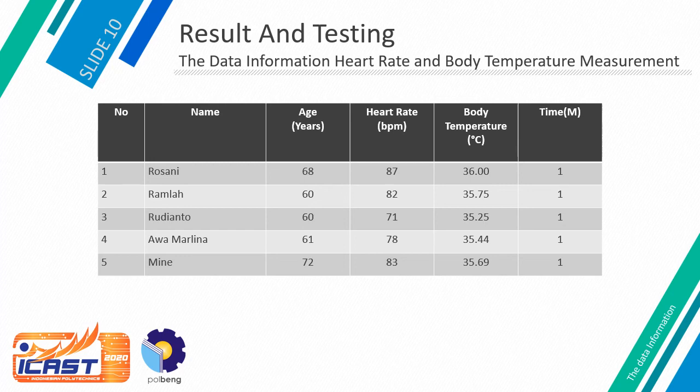Examination of heart rate and body temperature was carried out using a pulse sensor and a temperature sensor, the DS18B20. Each examination was carried out with a duration of 1 minute.